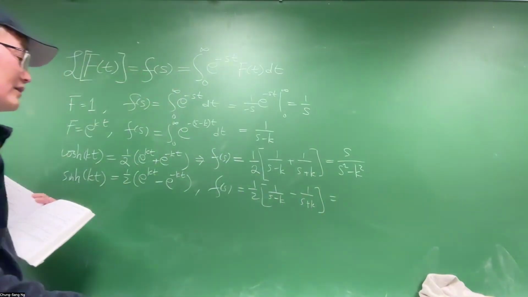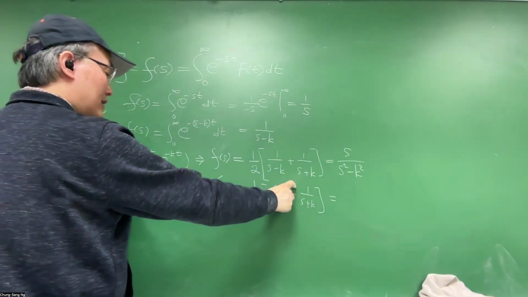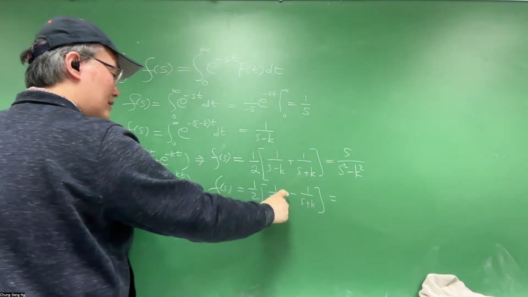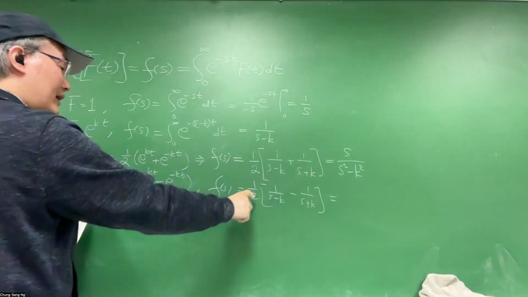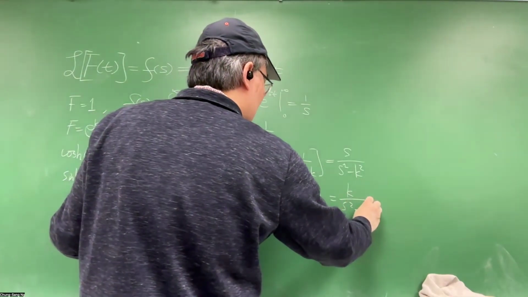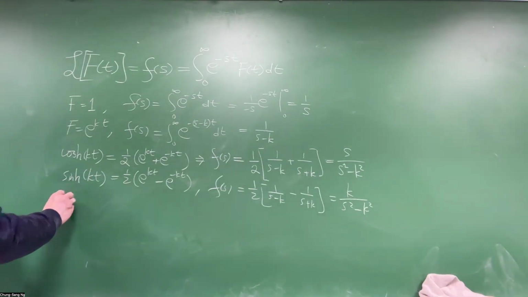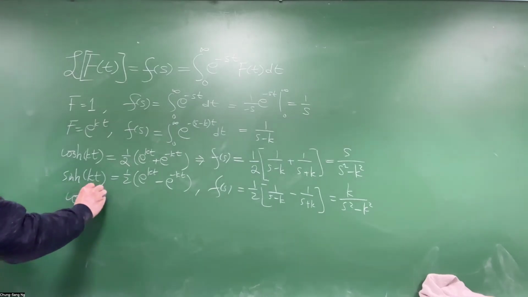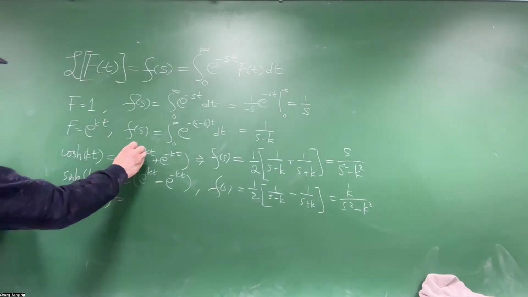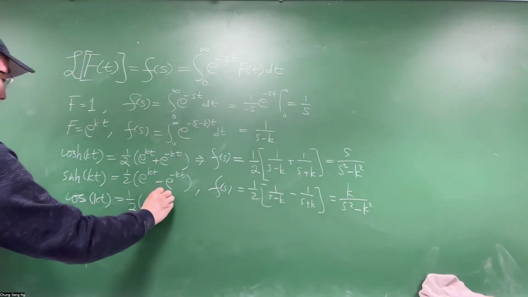Now the simplification is the numerator s plus k minus s plus k. So cancel s and you have 2k. So that becomes the result. And the next one is cosine kt. Now it's very similar to cos, because now you just change k to ik.